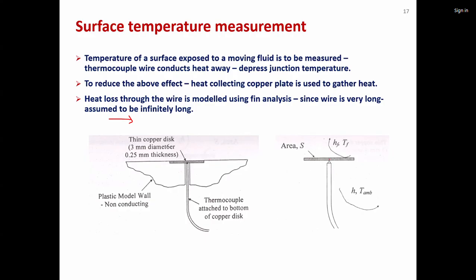Now the heat from the fluid goes to the spreader, from the spreader to the tip, from the tip it gets conducted along the wire and across the insulation layer, and finally to the ambient. Let's say at the surface of the insulation layer and the ambient, the heat transfer coefficient is H. So now we need to analyze this scenario.